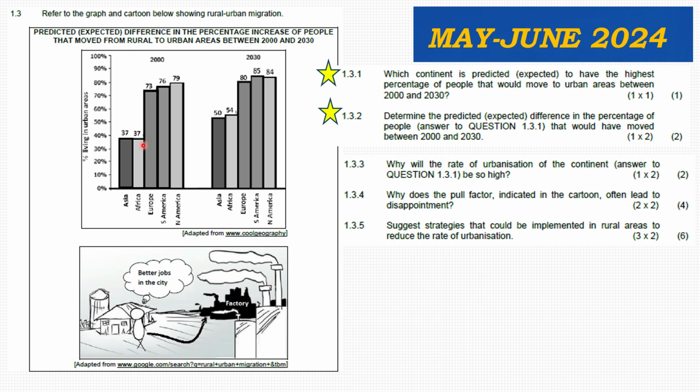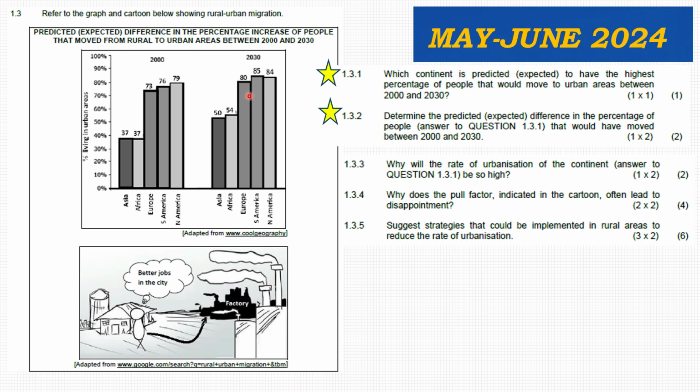Africa was also 37% in urban areas, but by 2030, it's predicted to be around 54%. So there's been a huge jump for these two. But obviously, you can see Africa has more people who are now expected to live in urban areas, which is 54%. If you look at Europe, it went from 73 to 80.